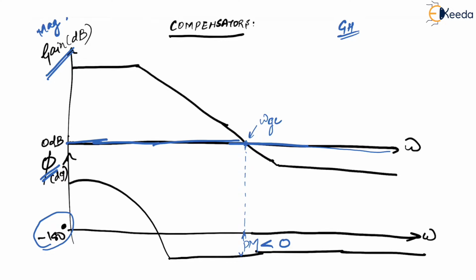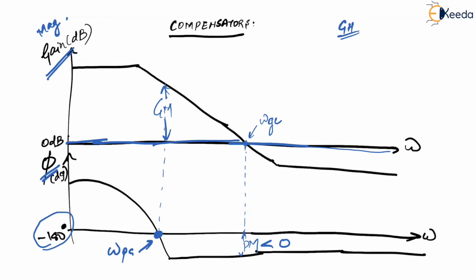Now if you think of omega pc, at this particular frequency my phase has crossed minus 180 degrees, which means it is going to be omega pc. Now if I project that up, then this becomes my gain margin, from 0 dB to this much.